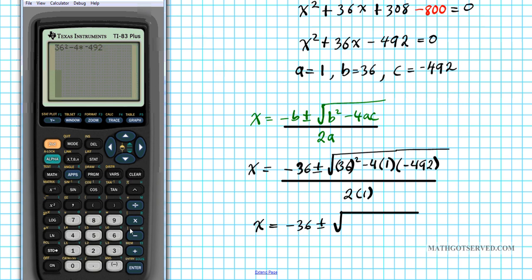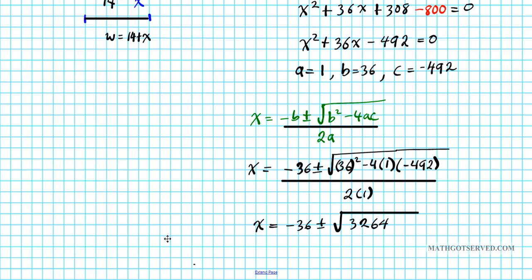Notice I didn't use the minus, I used negative. So enter, we have 3,264. And then of course it's divided by 2. So the square root of 3,264, divided by 2.